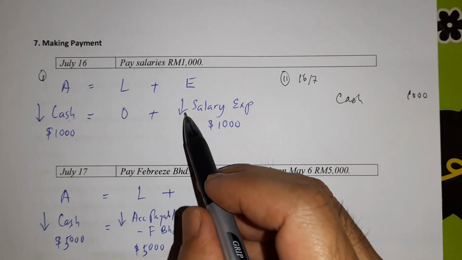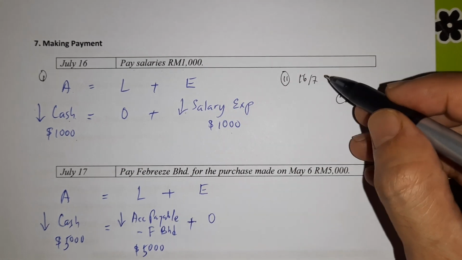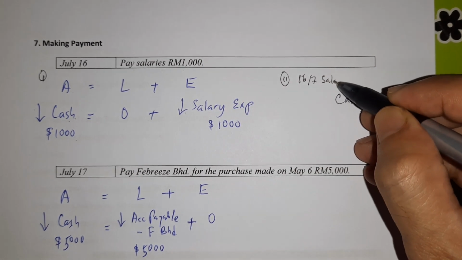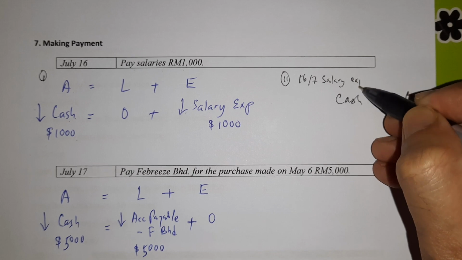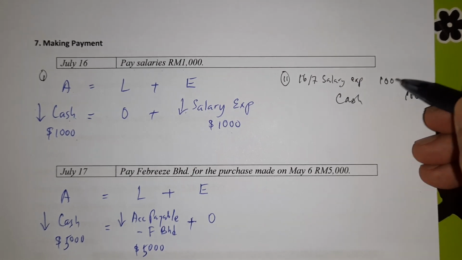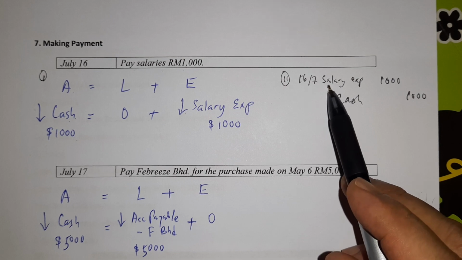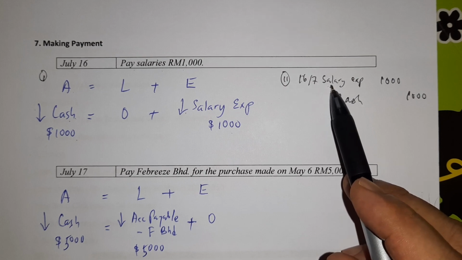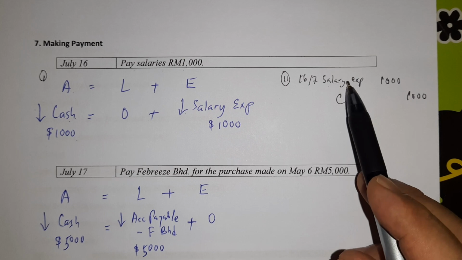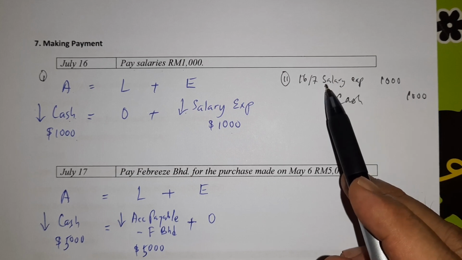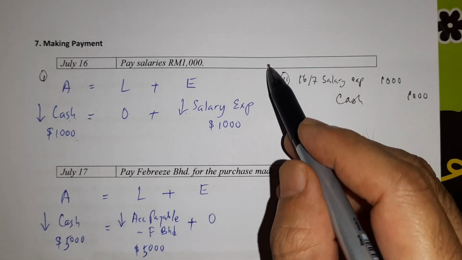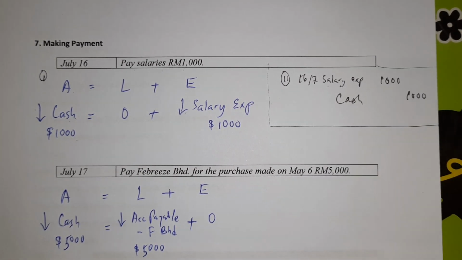And then equity decrease, you know it is a debit, so debit account salary expense 1,000. But you have to show the debited account first. You cannot show the credited account first. No, always show the debited account first and then the credited account. So this is the answer.